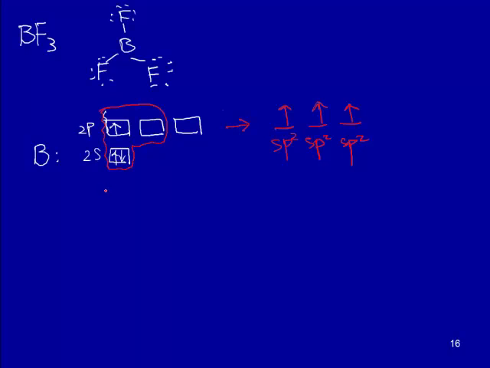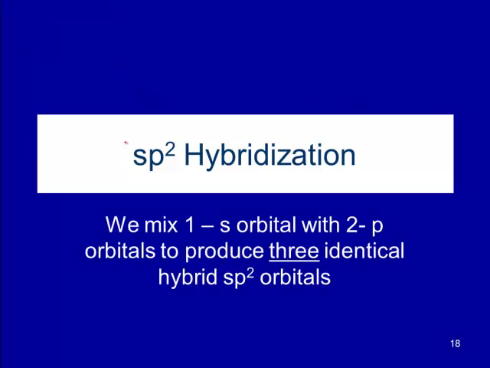We cannot just use the atomic orbitals of boron to bond with the 3 fluorine atoms. So this is a new kind of hybridization. This is what we're going to discuss, and this is called sp2 hybridization. It's a combination of 1 s atomic orbital and 2 p atomic orbitals to give you this hybridization with proper 3-dimensional geometry.